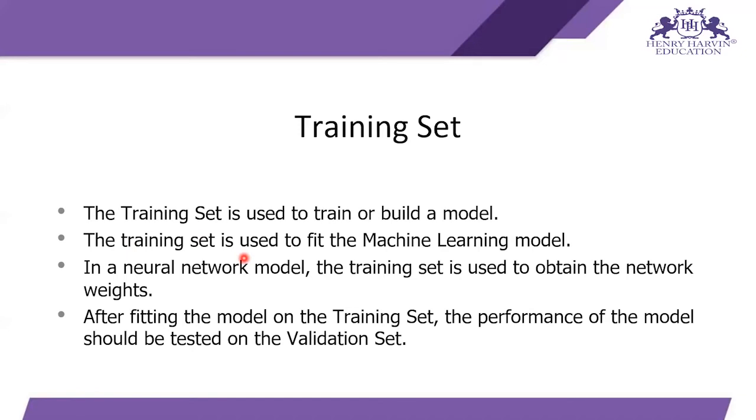That means you have to train your model. In a neural network model, the training set is used to obtain the network weights, which is telling the same thing in other words. When you are training your model in neural networks, the weights of the neural network get updated.